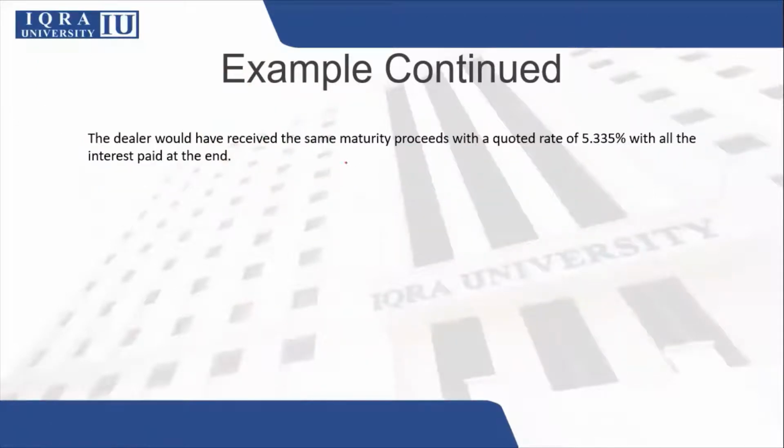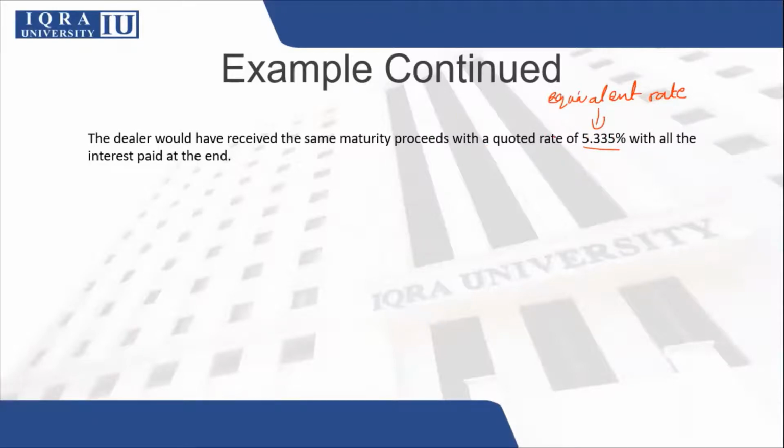So the dealer would have received the same maturity proceeds with the quoted rate of 5.335% with all the interest paid at the end. This rate that we have mentioned is your equivalent rate. It means that this will give you the same answer that you have calculated previously, but the interest will be paid only at the end.